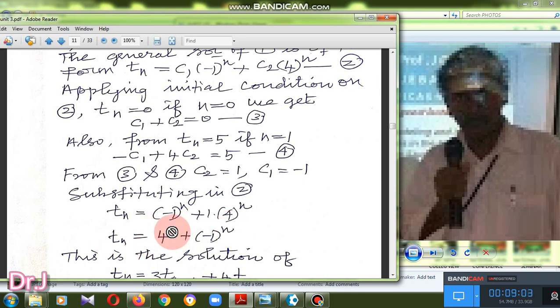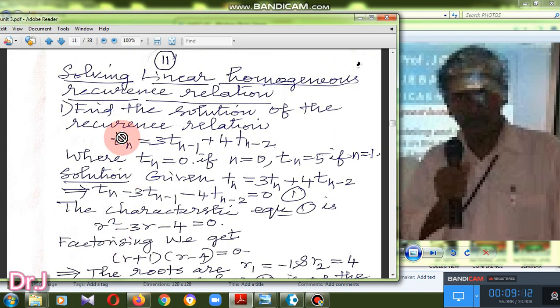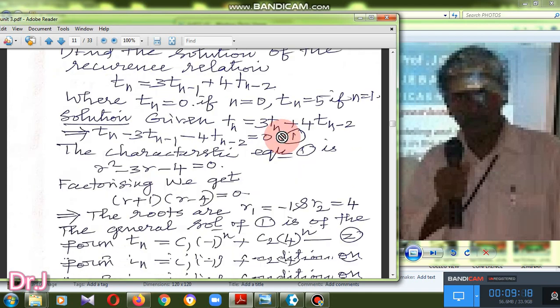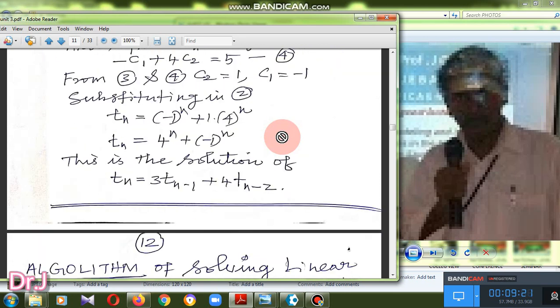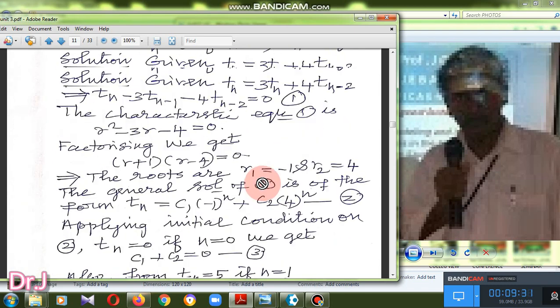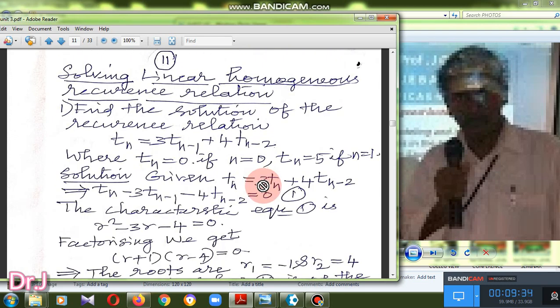This will definitely solve the given recurrence relation Tn equals 3Tn minus 1 plus 4Tn minus 2, and thus this is the sequence formula which satisfies the given recurrence relation. So that is how we can solve any given homogeneous linear recurrence relation.